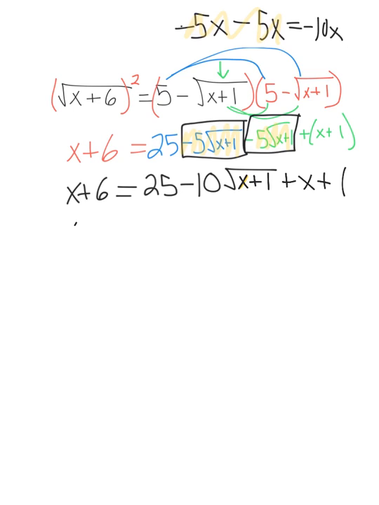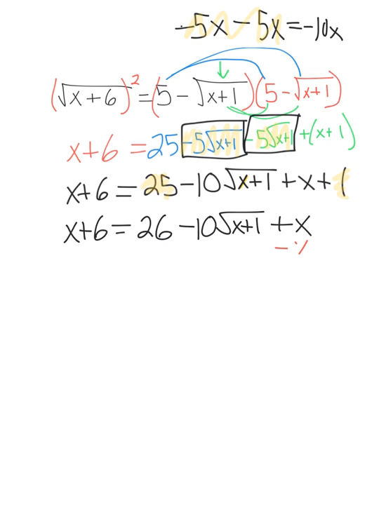Now, if I keep combining like terms on the left, I still can't really do too much there, but on the right, I have the 25 and I have the 1, which gives me 26 minus 10 square root x plus 1, plus x.